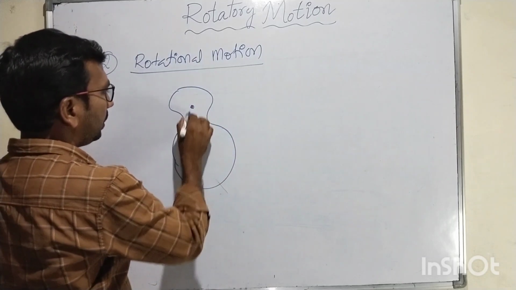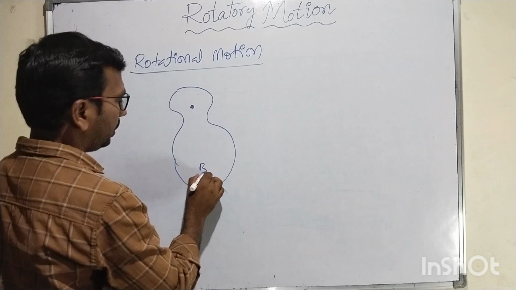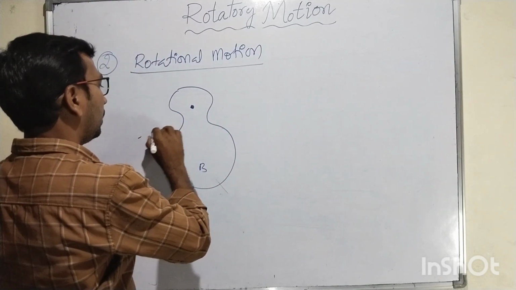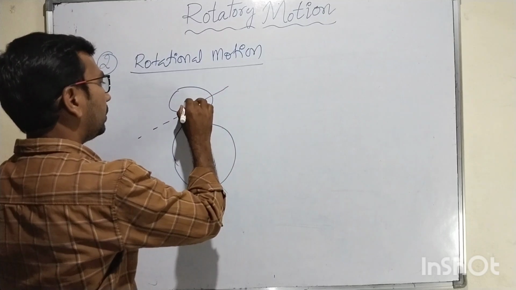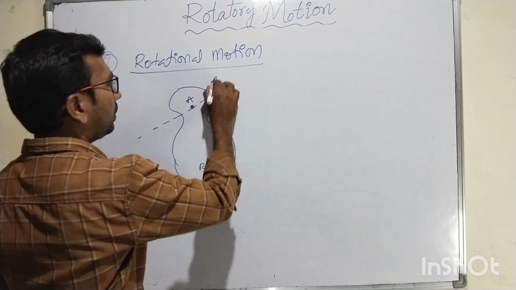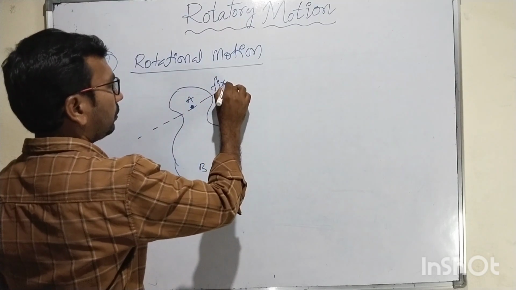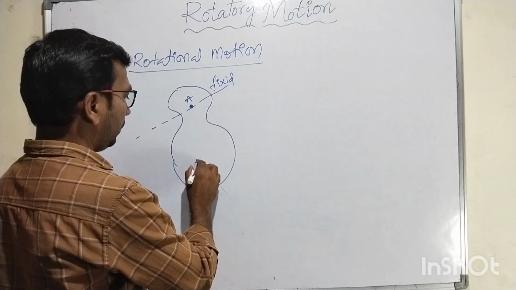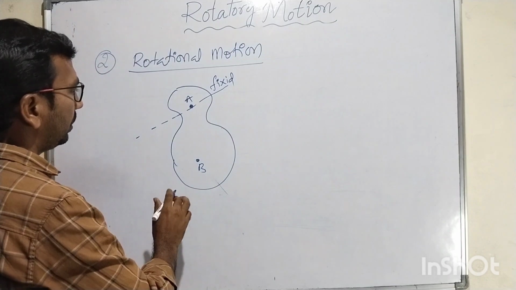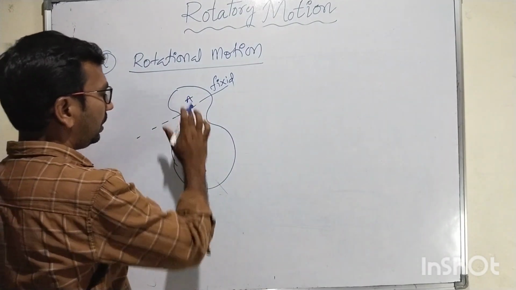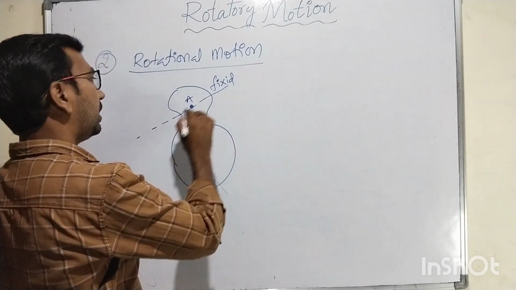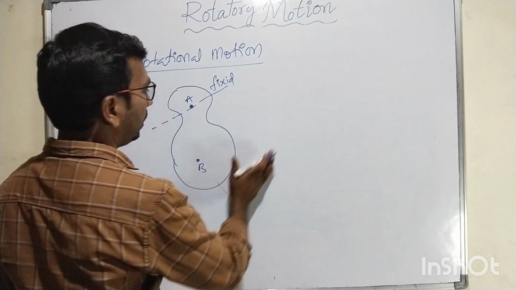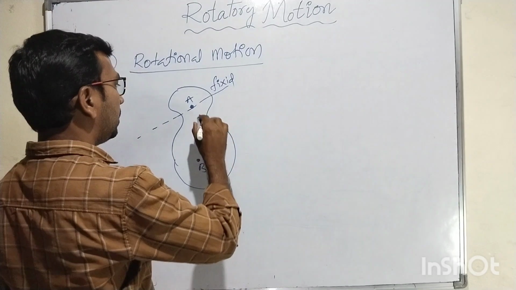This is point A, this is point B. Here point A is fixed. In case I rotate this body, point A is fixed.